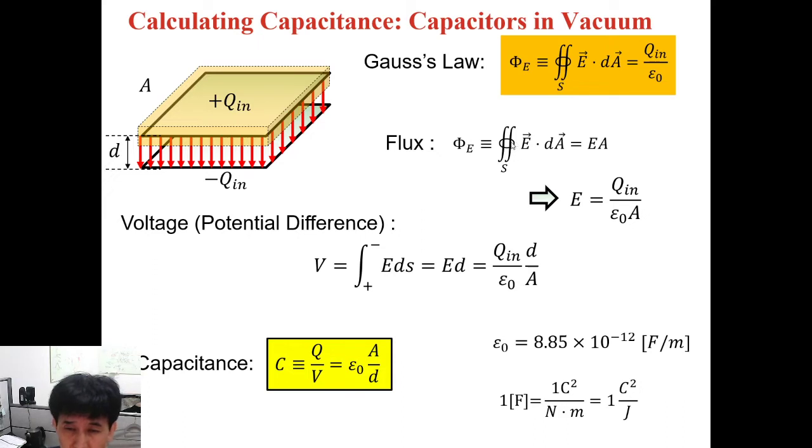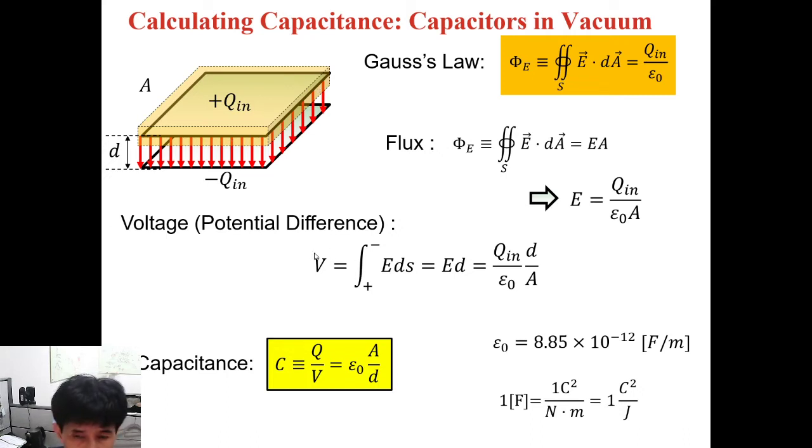As the flux is the electric field times the area, if we define the area of this box as A, then total flux is E times A. So electric field is Q divided by epsilon 0 divided by A because of the Gauss law. So electric field is Q over epsilon 0 divided by A, which is the area of the plate.